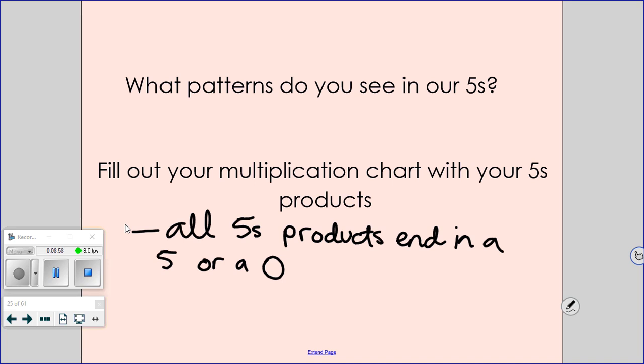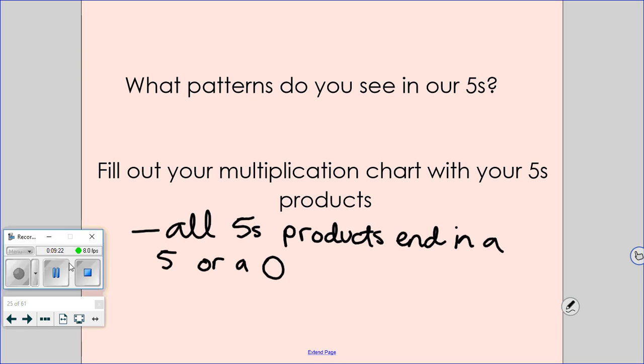Gio? Yep, we know that because it ends in a 5 or a 0. Dorian? I noticed something with all the 5s, like, 1 and 0, 2 and 0.